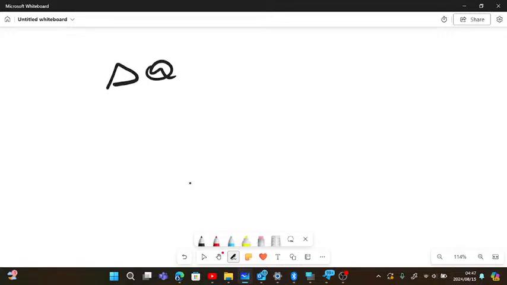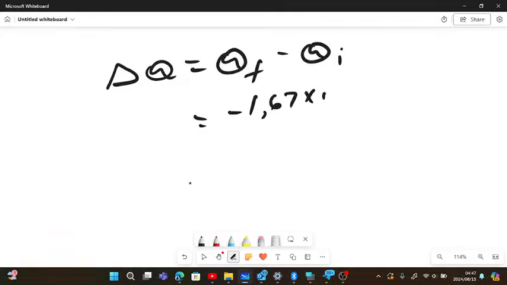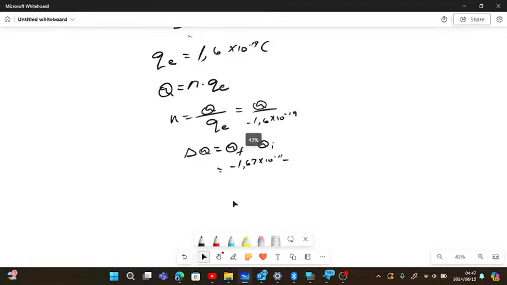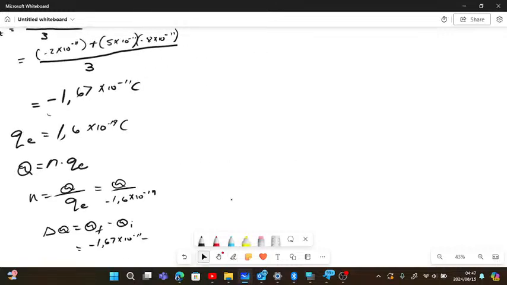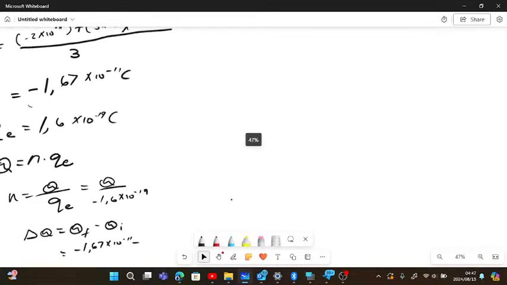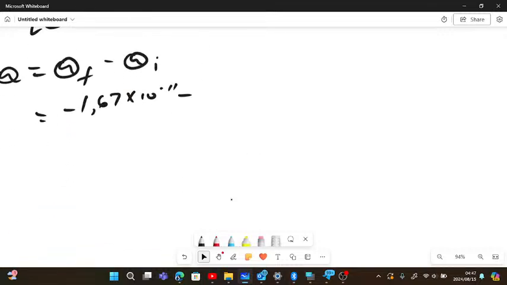The change in charge is going to be the final charge minus the initial charge. In terms of the final charge, I got negative 1.67 times 10 to the negative 11, and now I must subtract the charge on sphere 1, which is negative 2 times 10 to the negative 11.